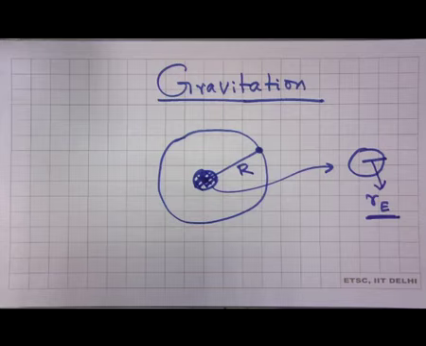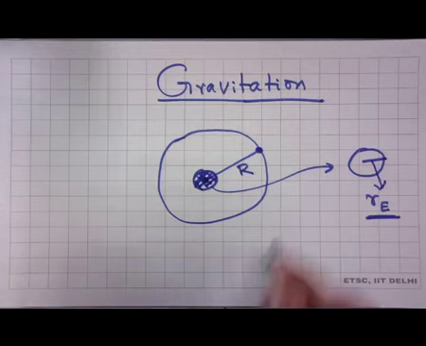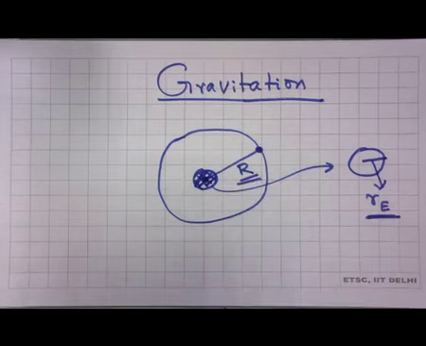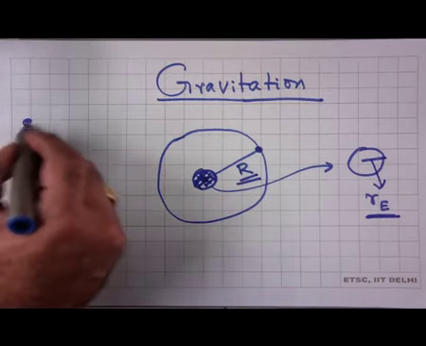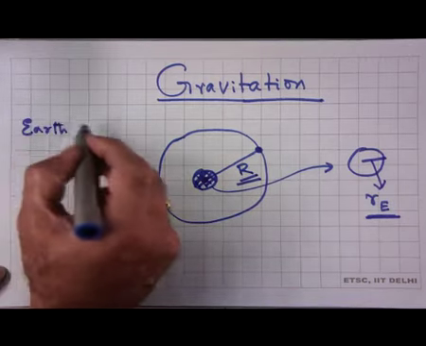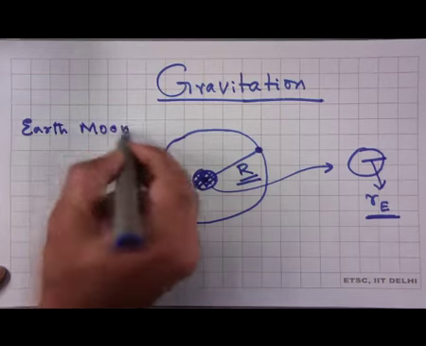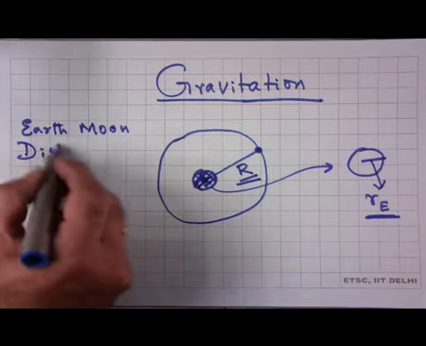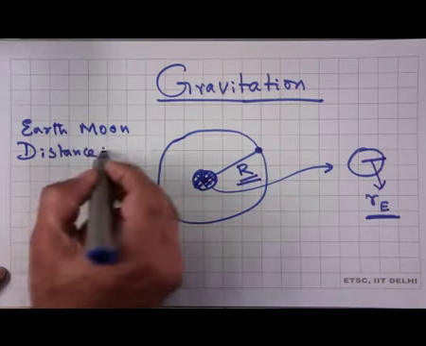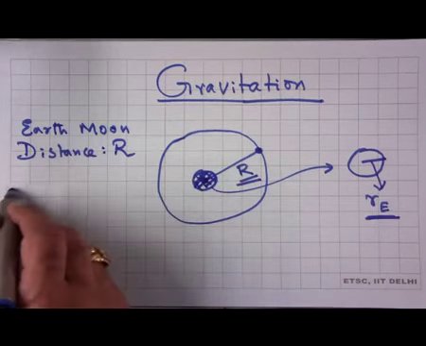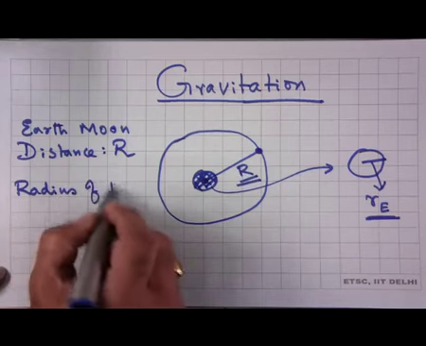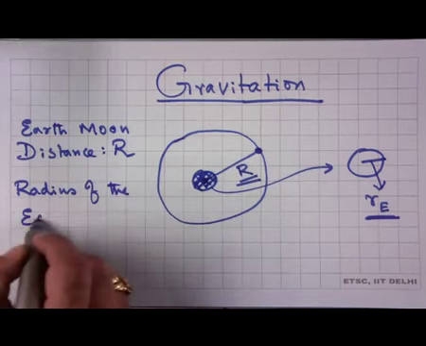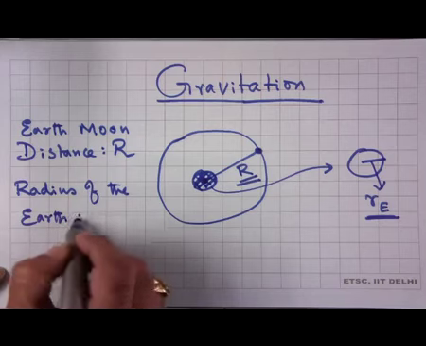One is the distance of the Moon from the Earth, which I am calling R, and another is the radius of the Earth, RE.